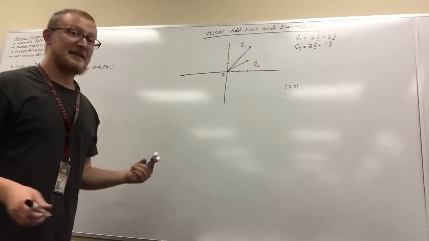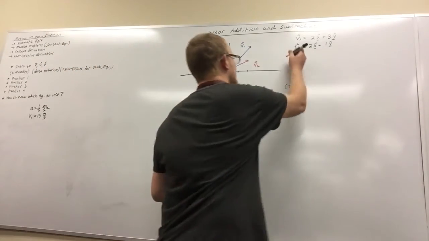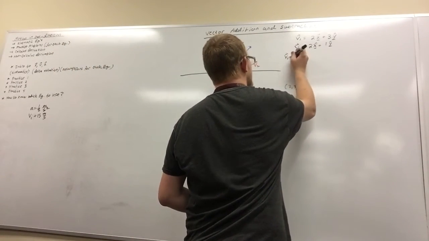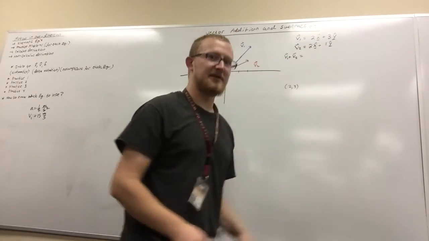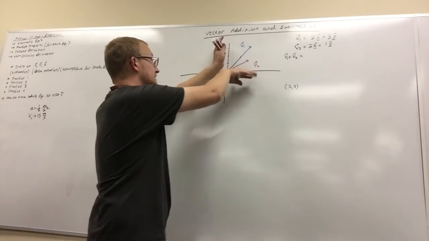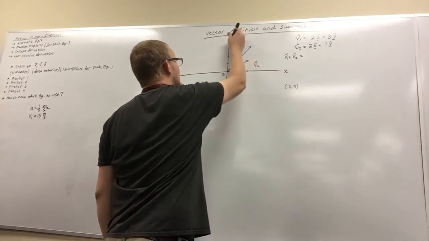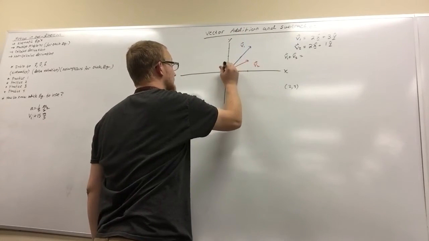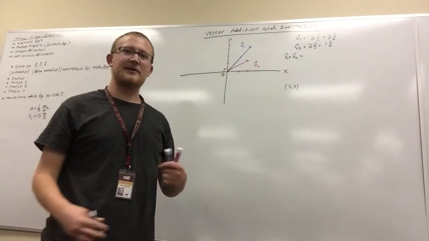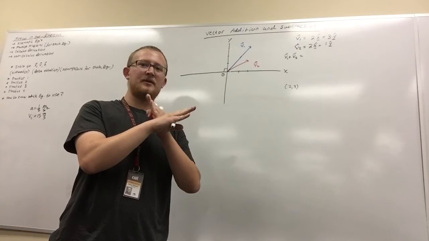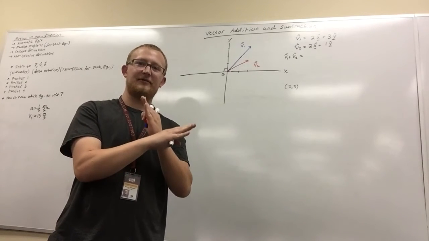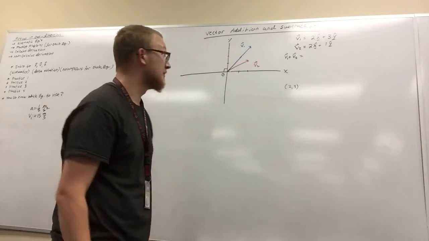Alright, now if I wanted to add these vectors, we kind of did this in the last video, right? Well, not the last video, but the video about vectors and scalars. We just add like components. Because remember, these two directions, the x direction and the y direction, are orthogonal, which means they're at a 90-degree angle. And there is no way to add things that are at 90-degree angles, because y is going in a totally different direction than x.